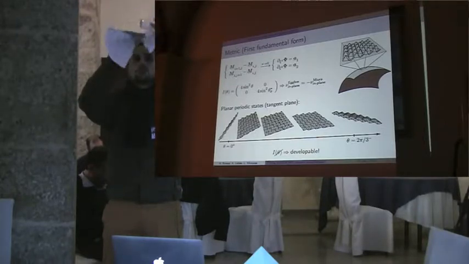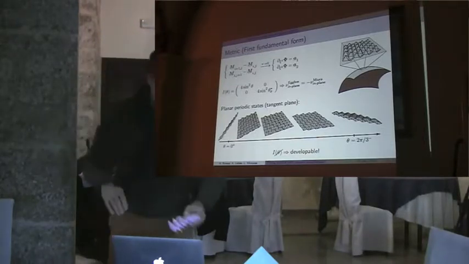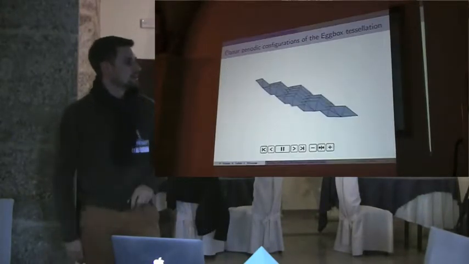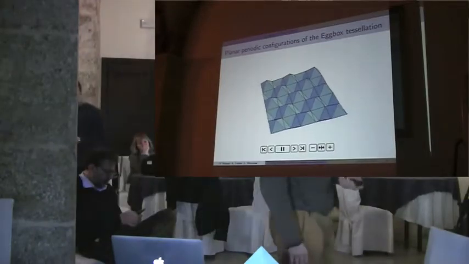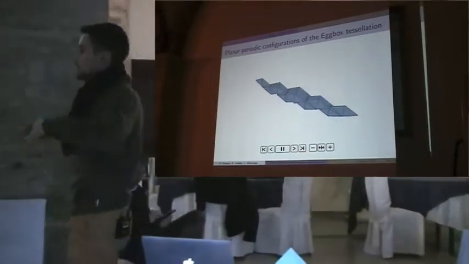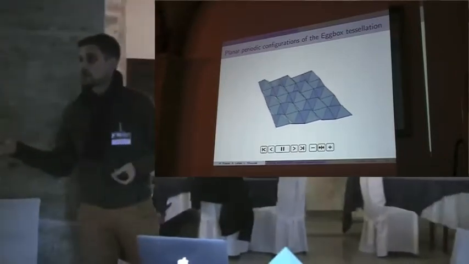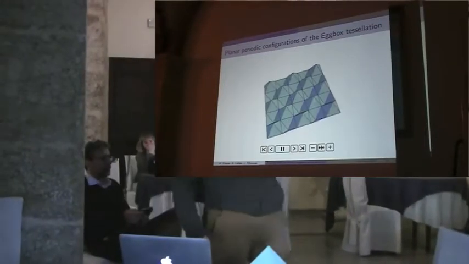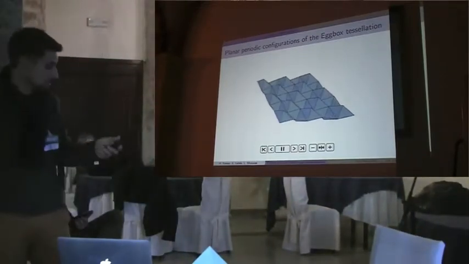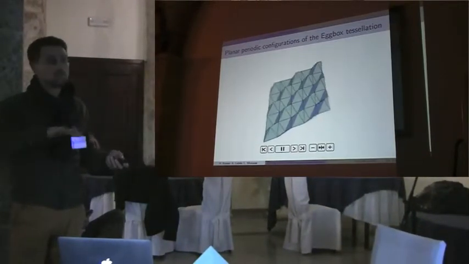I will show you an animation later on, or maybe at the end. This is the flat folding motion. It is still, all those configurations are on average planar, and they are parameterized by the folding angle. Okay. So you have a continuum of possible tangent planes.